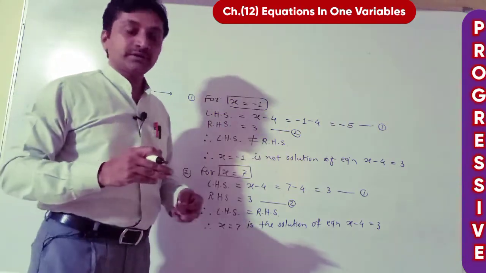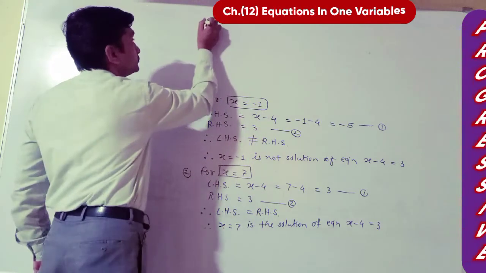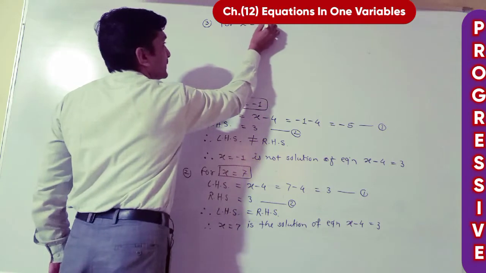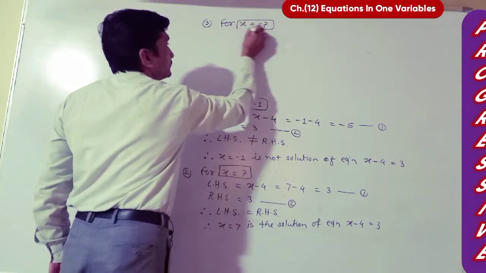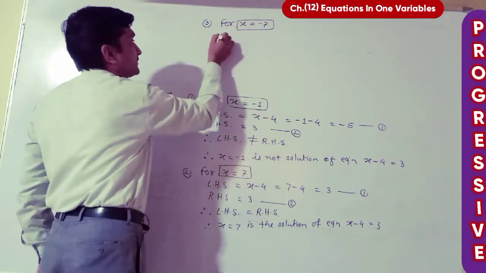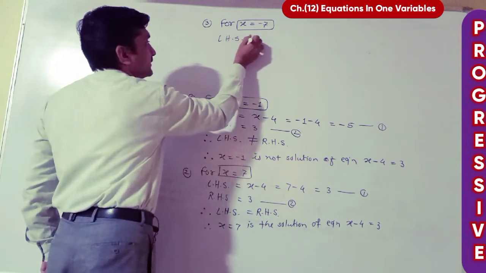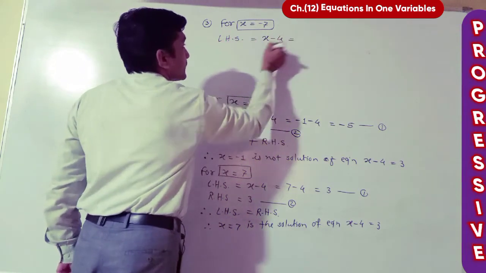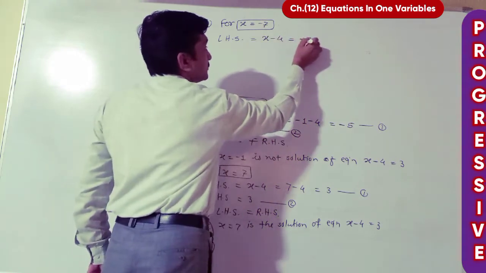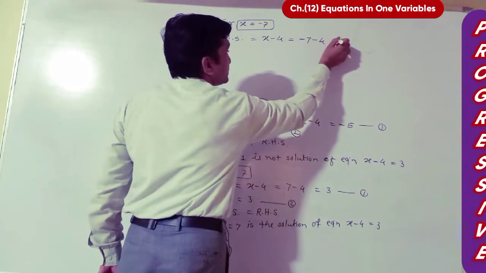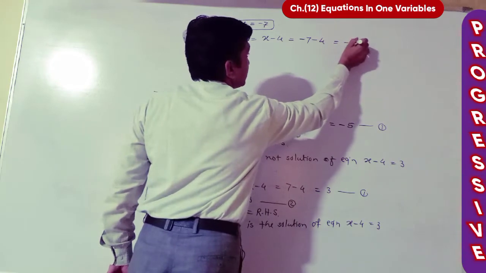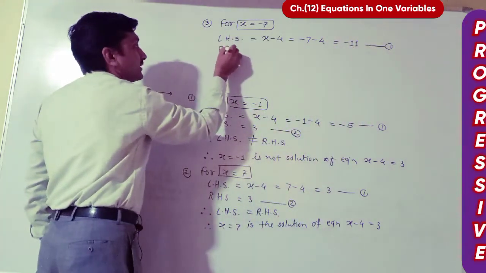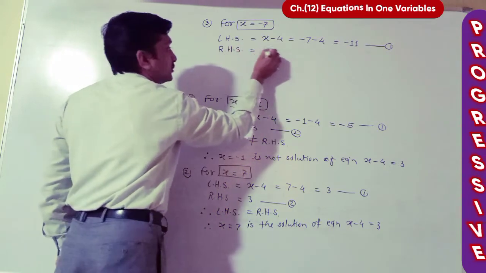Now let's verify for the third value, x is equal to minus 7. First write the left hand side. The left hand side of the equation is x minus 4. The x value is minus 7, and minus 4 here. Minus 7 minus 4 is minus 11, number 1. And the right hand side is 3, number 2.